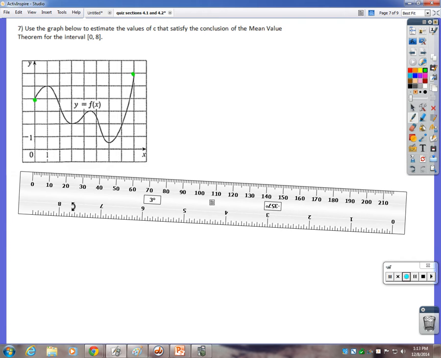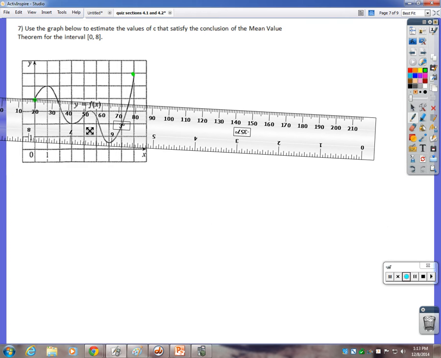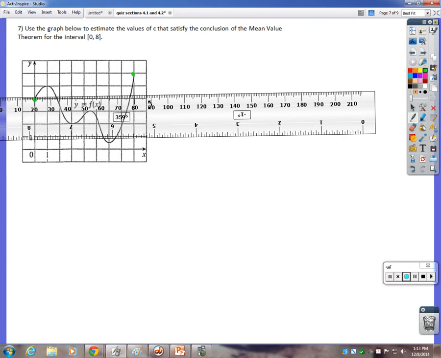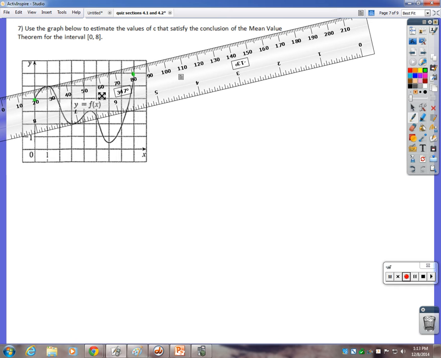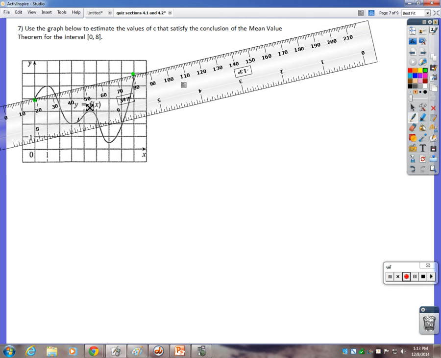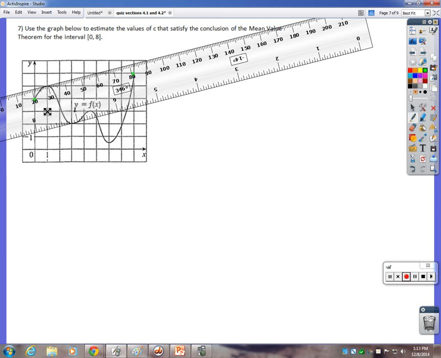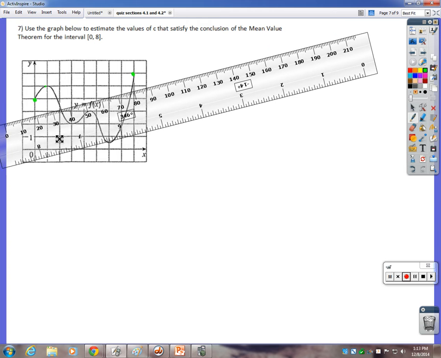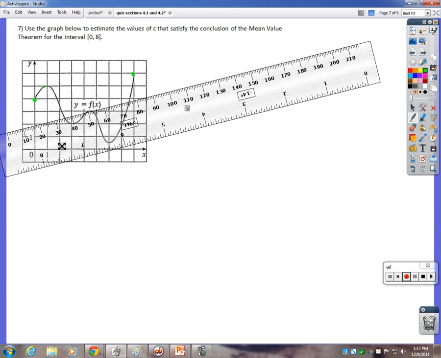So all I did is I took the edge of the paper and made that match those 2 points roughly. And then you go up here, and it looks like right about there's a point that has the same slope.